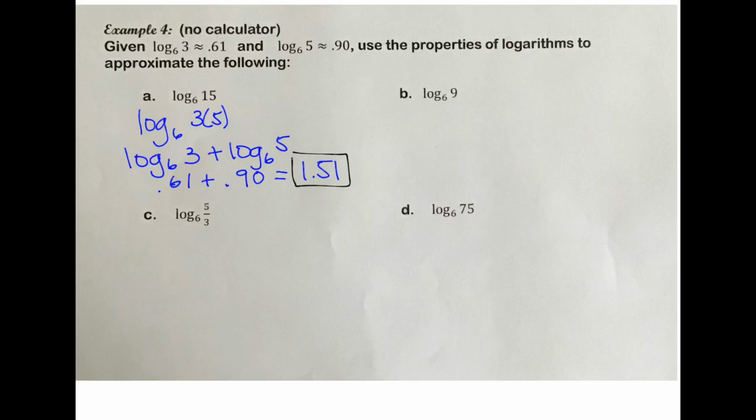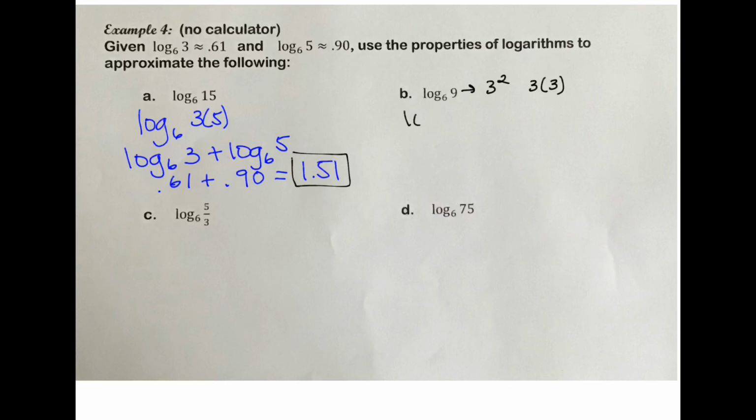So try another one. Log base 6 of 9. You can do this a couple different ways. How can I use what I'm given to be able to manipulate to get 9? You can do 3 squared or 3 times 3. Either one of them would work perfectly fine. Let's do 3 squared since we haven't seen one with an exponent yet.